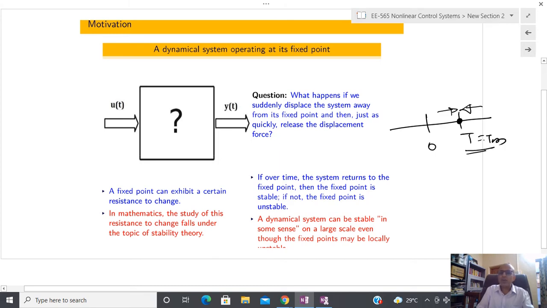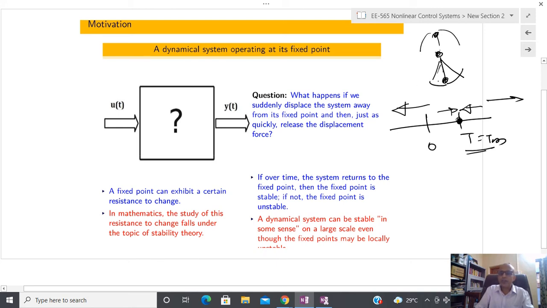It is also possible that I cannot return here and I will go beyond this. So I have two different behaviors, and in the case of the pendulum system you have already noted these two behaviors: if I start in the neighborhood of this equilibrium point, I can return back, but if I start here, I can never return back.